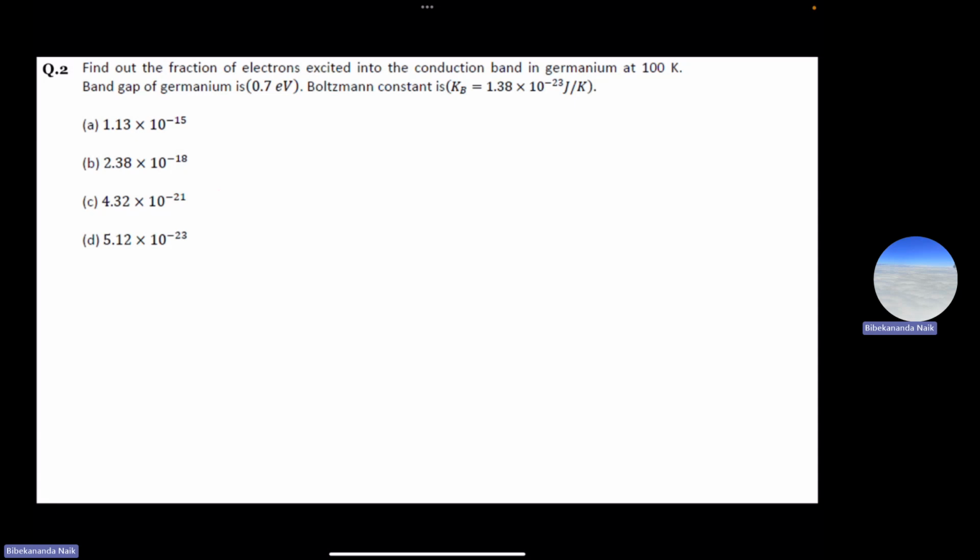Here, since the temperature is 100 K, this temperature is equivalent to some amount of energy, and due to that energy, some electrons from the valence band will definitely be excited to the conduction band. So here we will calculate that density only. I'll give you a few minutes to try this question, and then I will discuss how we will solve it.